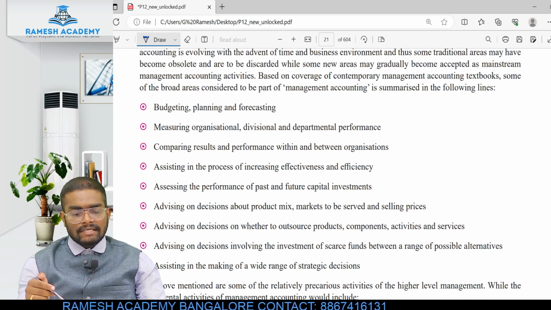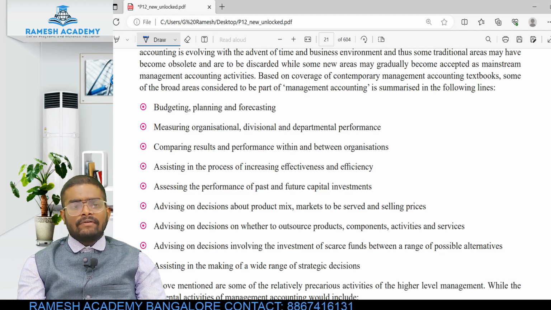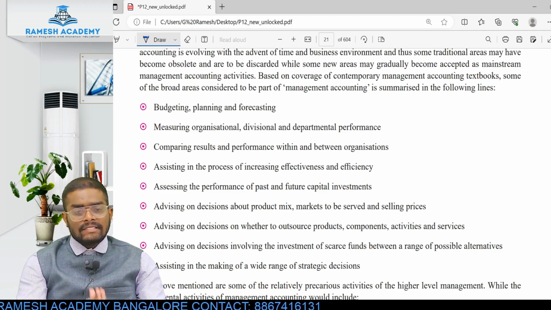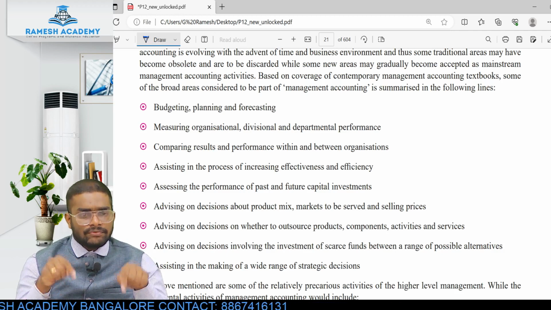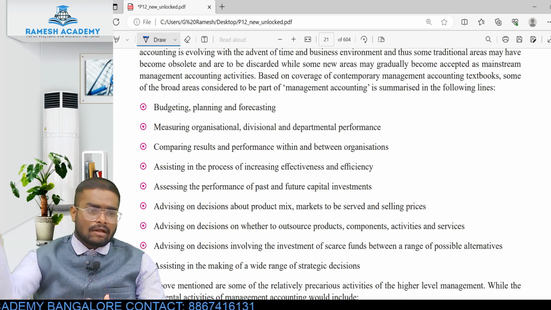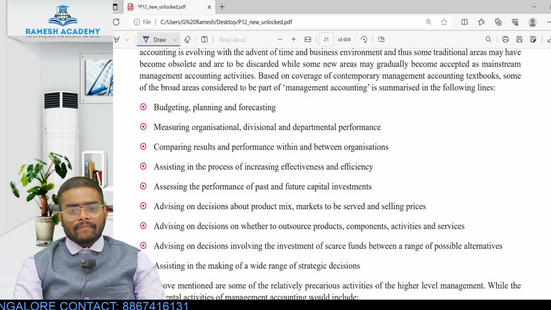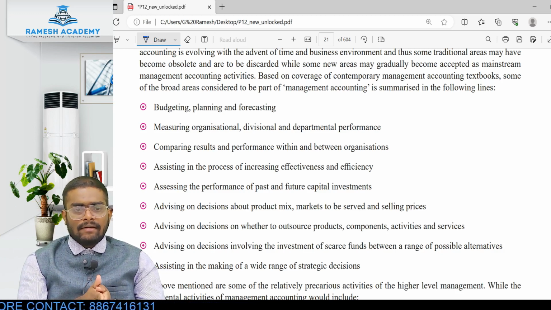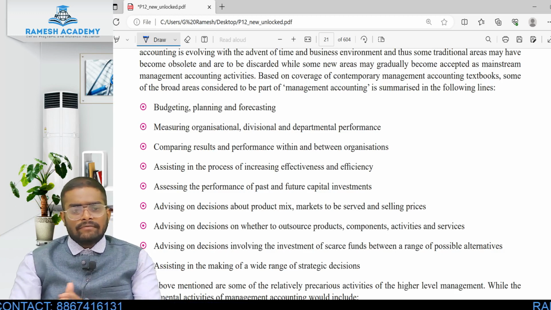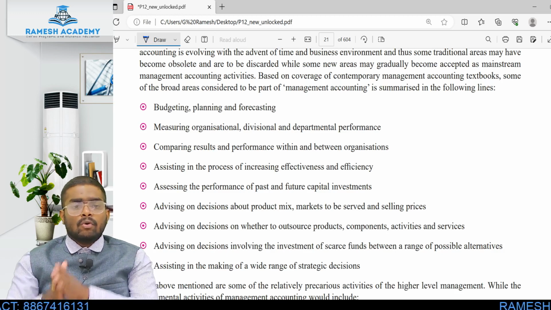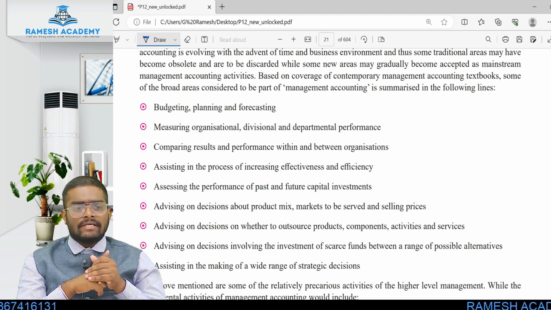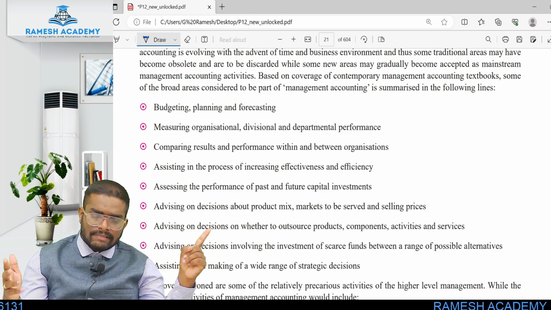Next, comparing results and performance within and between organizations. See, comparison can be done with two things. One is within the company, one is with other organizations. Within the company, we have the concept of standard costing. So we'll be comparing with the standard. Actually, with the standard, we'll see whether there is any variance, and who is the person responsible for the variance. If it is price, it will be the purchase department.